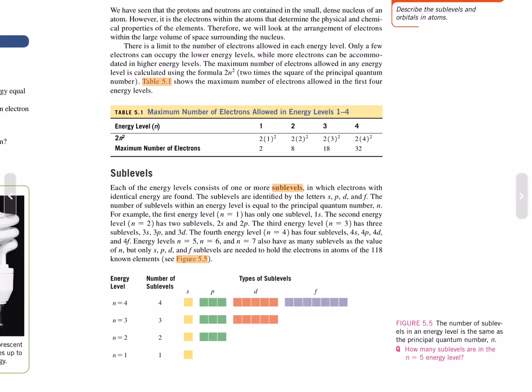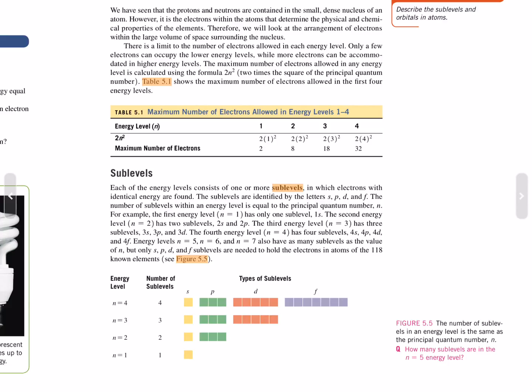For example, the first energy level, n equals 1, has only one sublevel, 1s. The second energy level, n equals 2, has 2 sublevels, 2s and 2p. The third energy level, n equals 3, has 3 sublevels, 3s, 3p, 3d. The fourth energy level, n equals 4, has 4 sublevels, 4s, 4p, 4d, 4f.